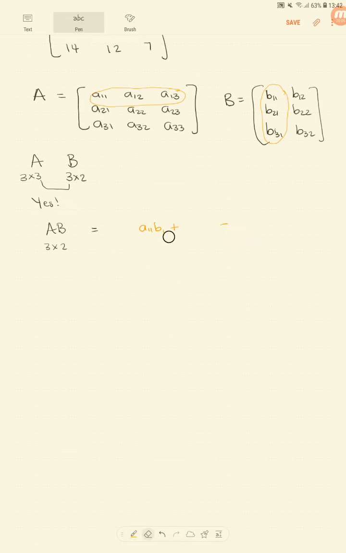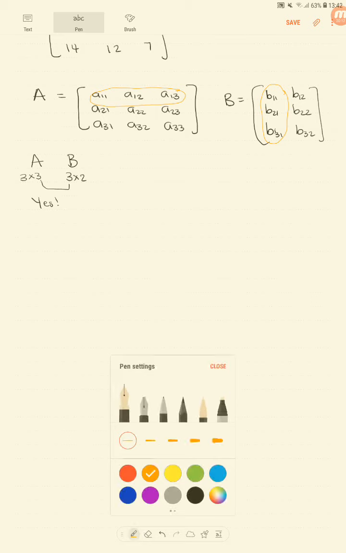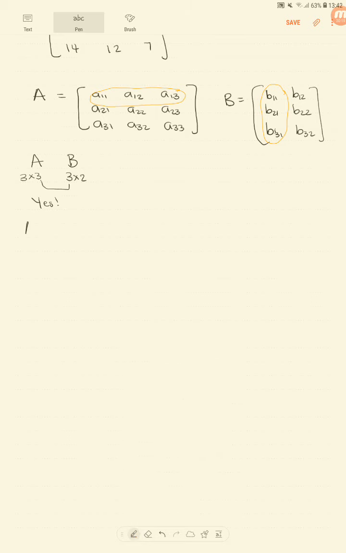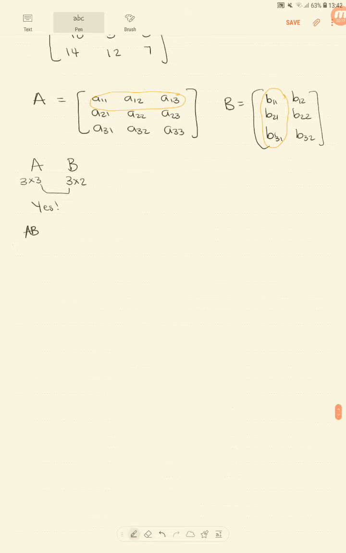I'm just going to rewrite this to make more space. So AB is going to be a 3 by 2 matrix.